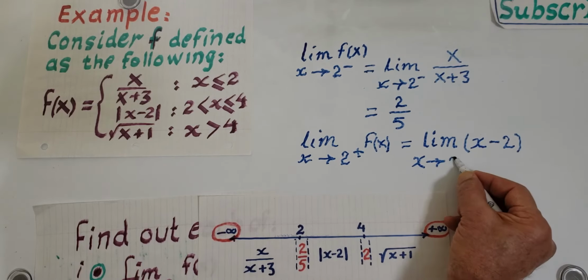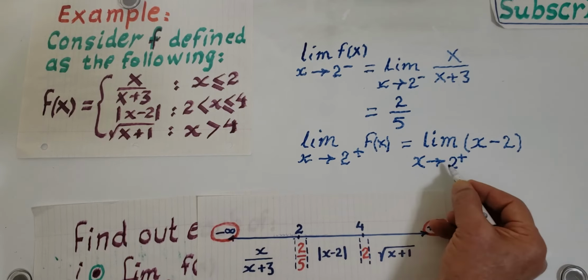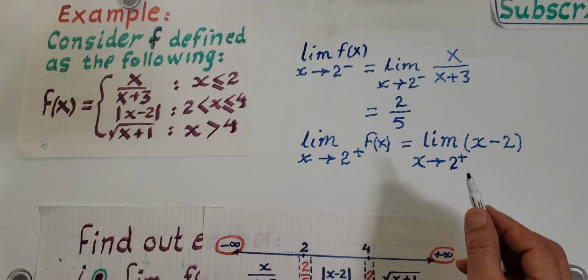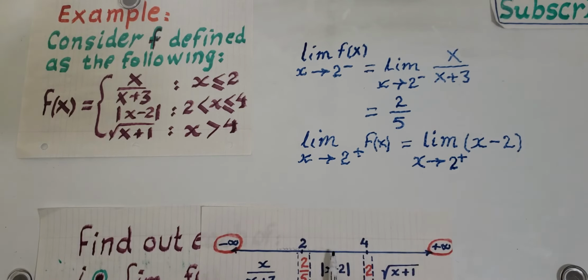Here x approaches 2 from the right. That means all the values of x here are greater than 2.